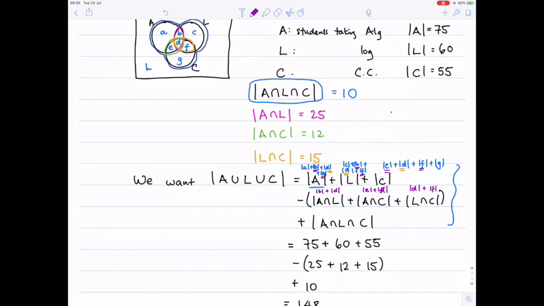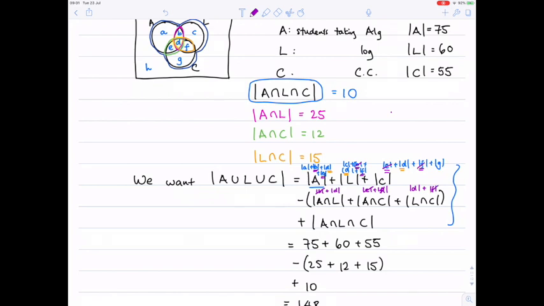But now, if we have a look at this, this is correct because we've sorted out the double counting of b. We've sorted out the double counting of e. We've sorted out the double counting of f.